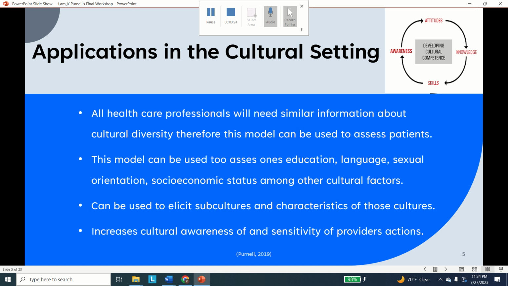And it can be used to elicit subcultures and cultural characteristics within those cultures, because somebody that belongs to a culture does not mean that everybody from that culture has the same kind of practices. Some people can be from a similar culture but have different regional variations, and it increases cultural awareness and sensitivity of the provider's actions, so that they can assess, plan, and care in a way that is sensitive to the individual's needs.